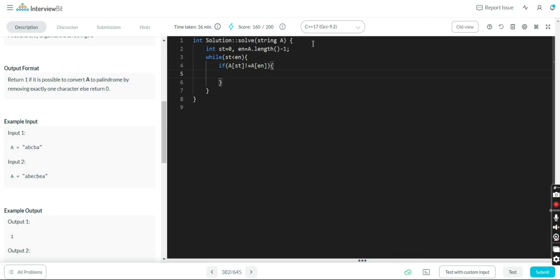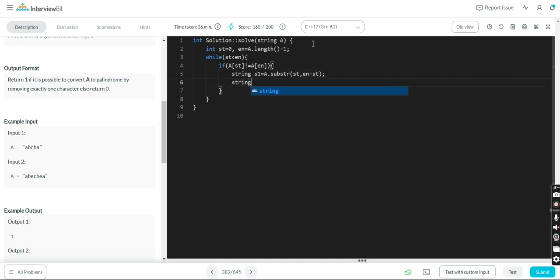we will take two substrings. String s1 will be a substring of a, and it will start from st and the length will be en minus st. The point here to note is that we have removed one character from the end.